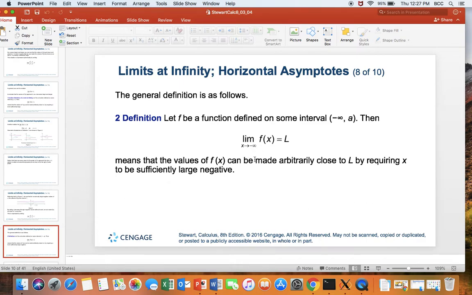So x is approaching negative infinity. So as x goes more and more negative, the value of f(x) gets closer and closer to L. Arbitrarily close means as close as you feel like. Okay.